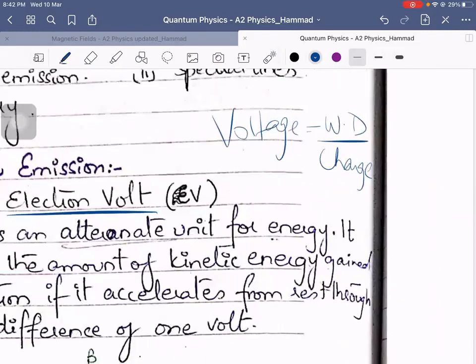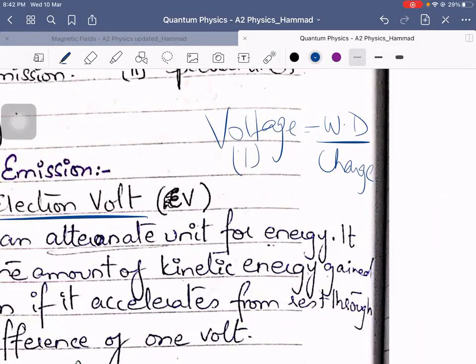Now, if I am using a voltage of 1 volt and a charge of 1 e, where e is the charge value for an electron, which is 1.6 x 10^-19, and if I were to multiply these two values, don't you think you'd get 1 volt multiplied by 1 e, which gives you 1 eV?